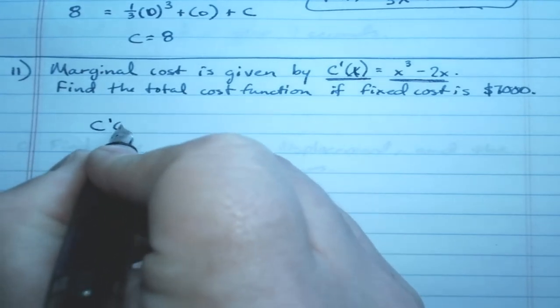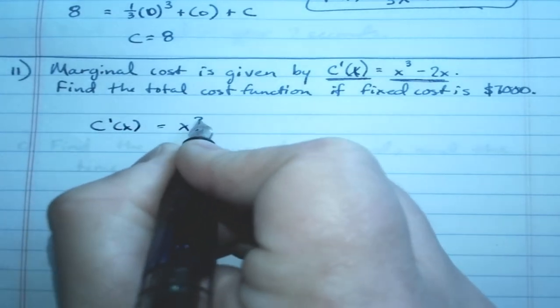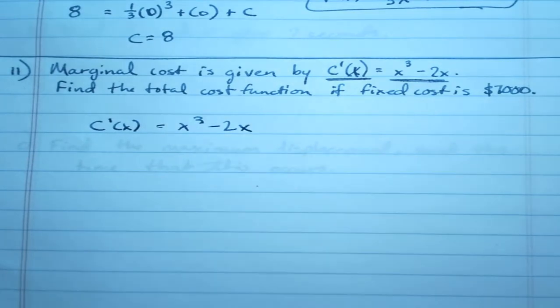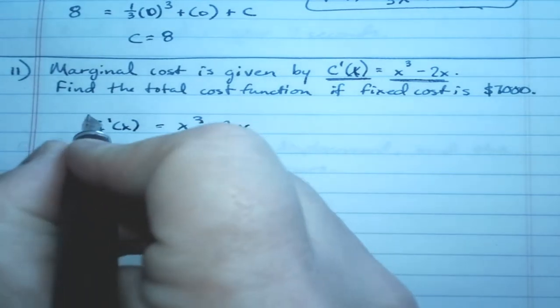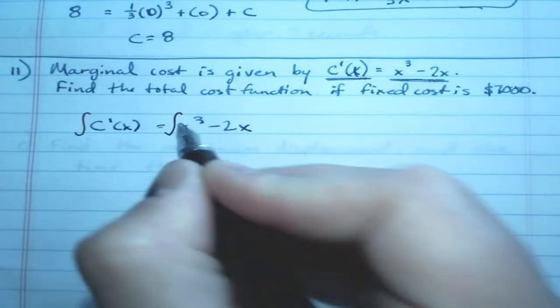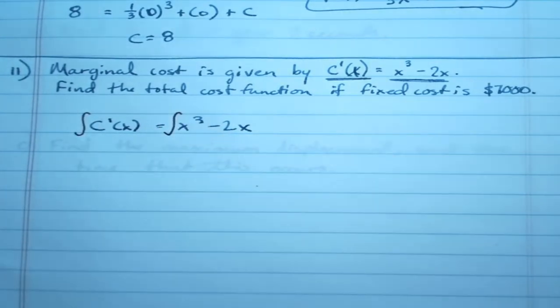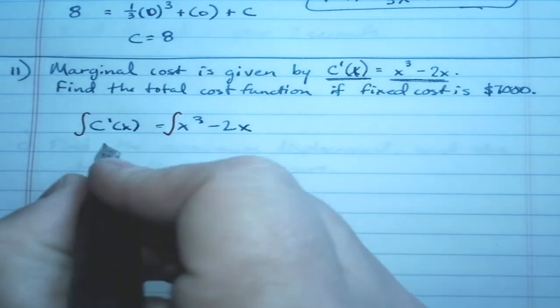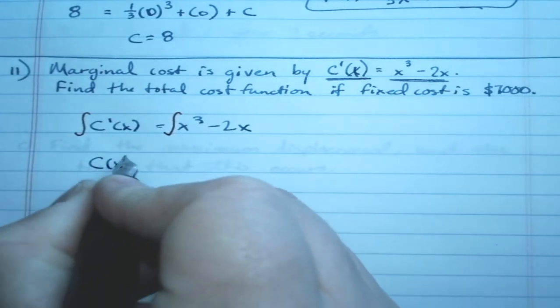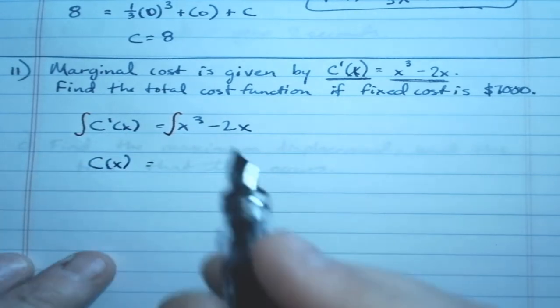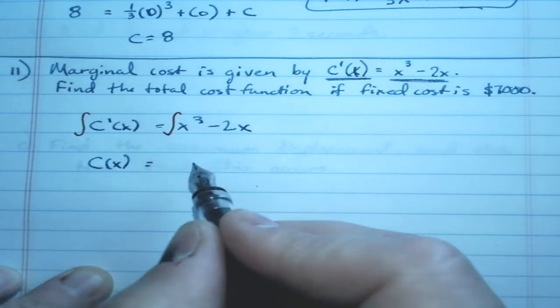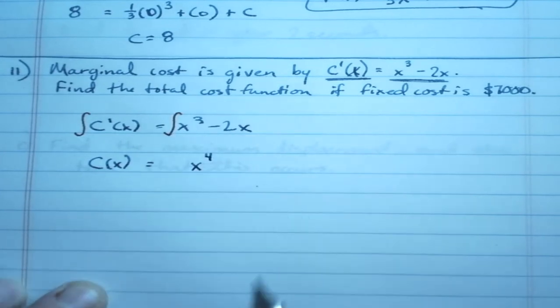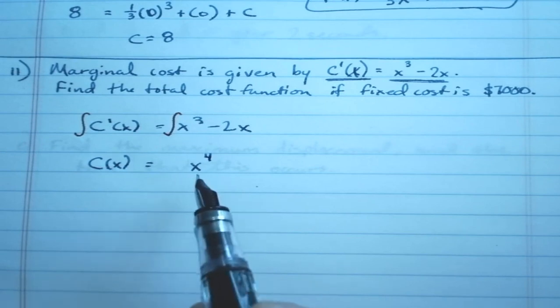Well, we write c prime of x equals x cubed minus 2x. And then we can take a different color to show our math, and we can say antiderivative of both sides. Okay, take the antiderivative of both sides. Well, the antiderivative of c prime is c of x, which is your total cost function. Well, this guy here, x cubed, will be x to the 4th, but do the derivative in your head.